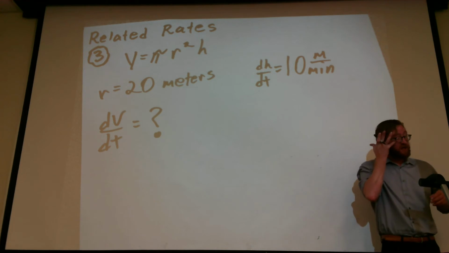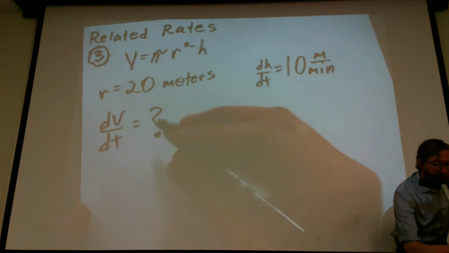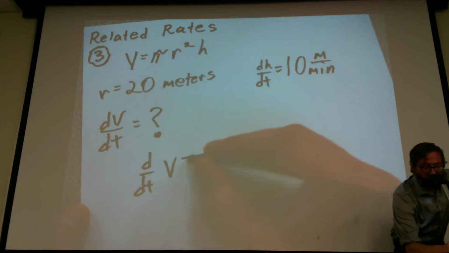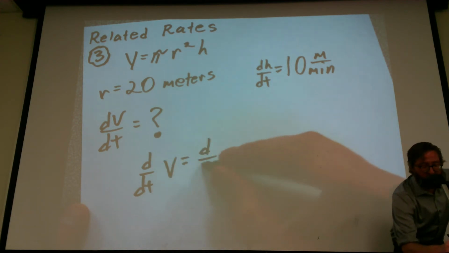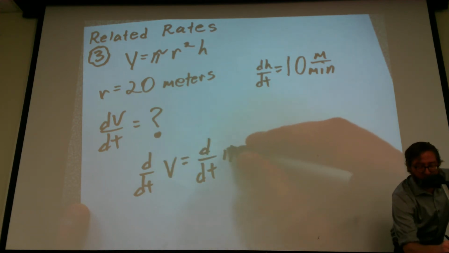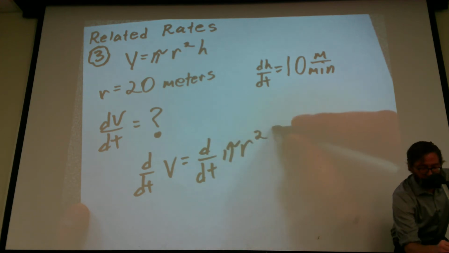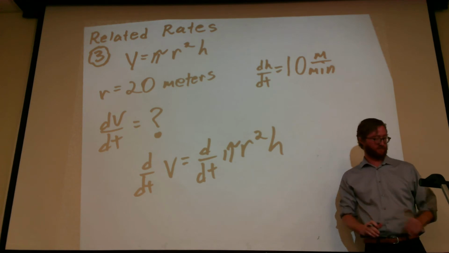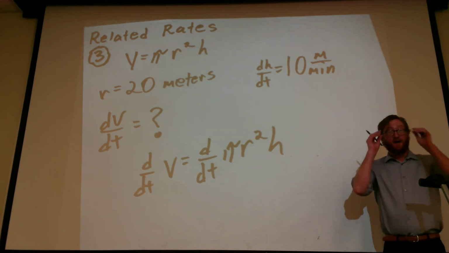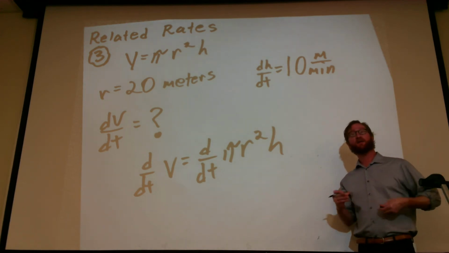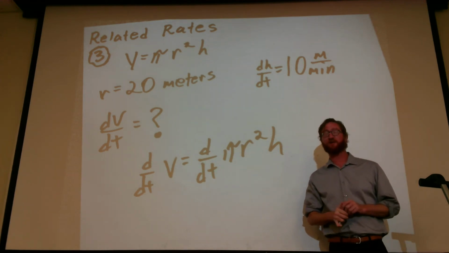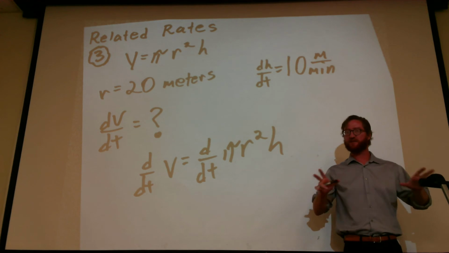So now let's differentiate both sides of this problem. I'm going to take the derivative with respect to time, and have it act upon the left and the right hand side. Now, when taking this derivative, we're not going to take the derivative of the radius with respect to time because the tank's radius is not changing.